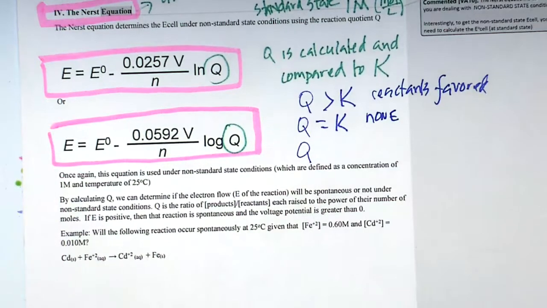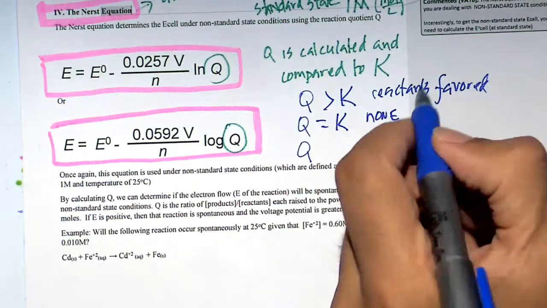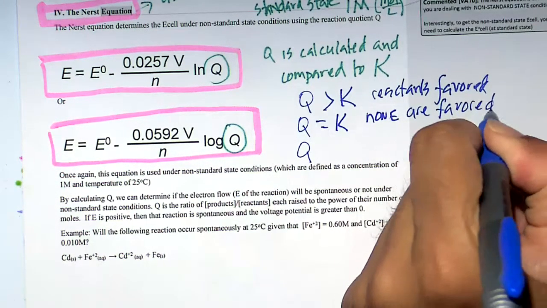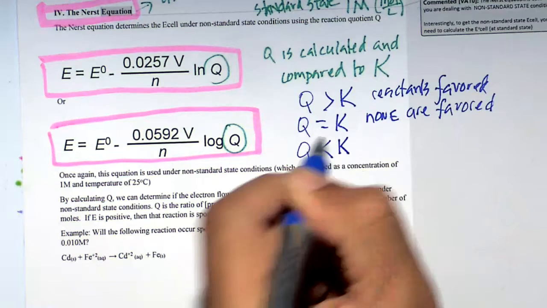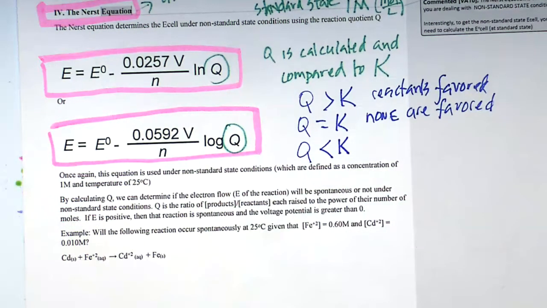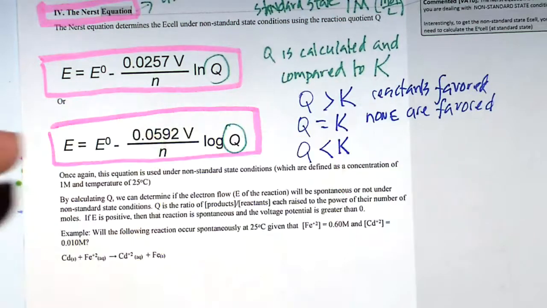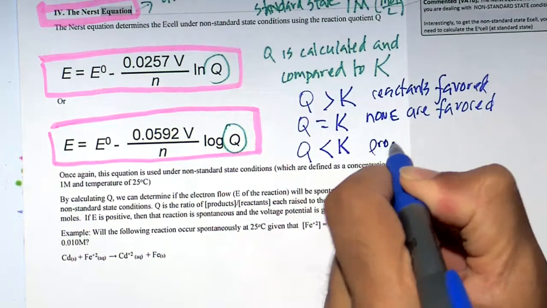It's kind of like 50-50. And finally, if Q is less than K, remember we have to put Q first in this alligator rule, the alligator jaws point to the right, and the right means that the equilibrium favors more of the products. Products favored.